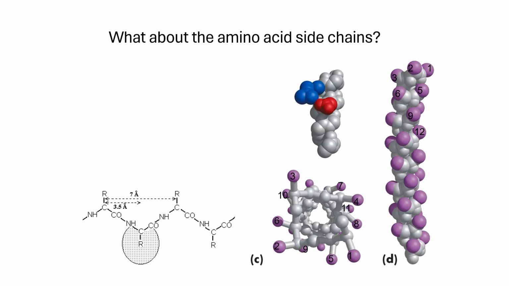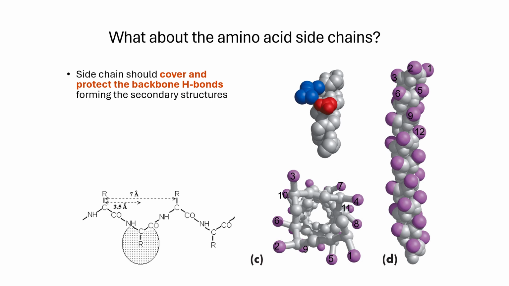Now, what we kind of alluded to, or what we mentioned a little bit when we were talking about our alpha helix, was our amino acid structures. We didn't get into it too much, but we really kind of mentioned them as, hey, they don't play that big of a role. Well, amino acid side chains should cover and protect the backbone hydrogen bonds forming that secondary structure.